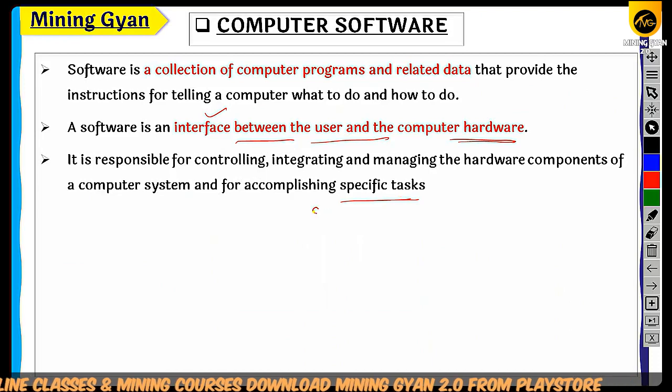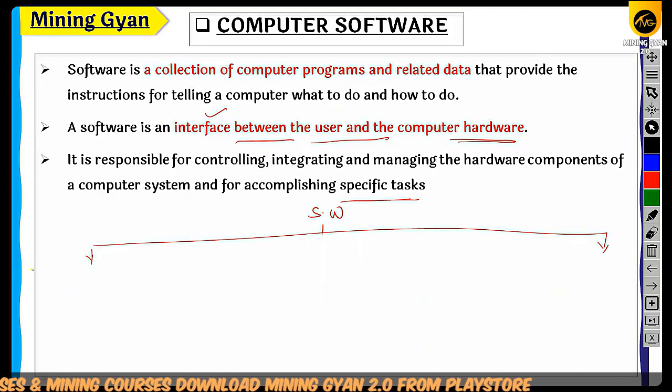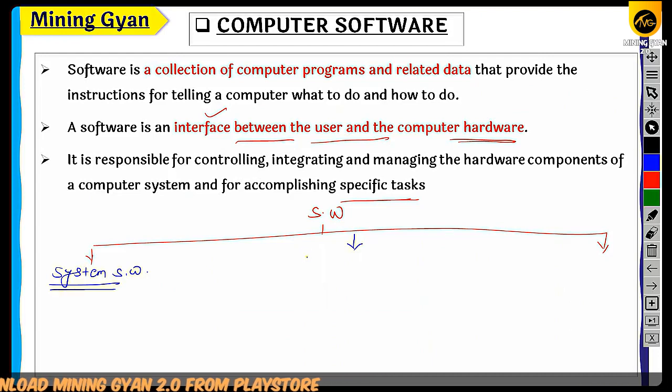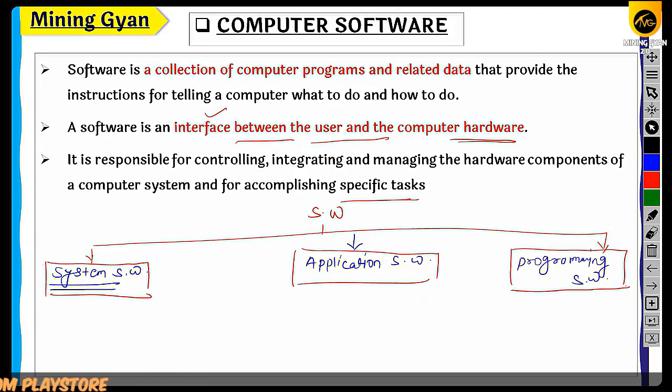The first type is system software, the second is application software, and the third is programming software. That is the base to categorize this software.